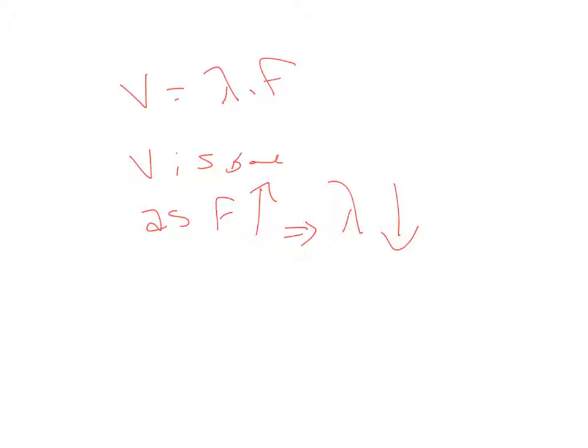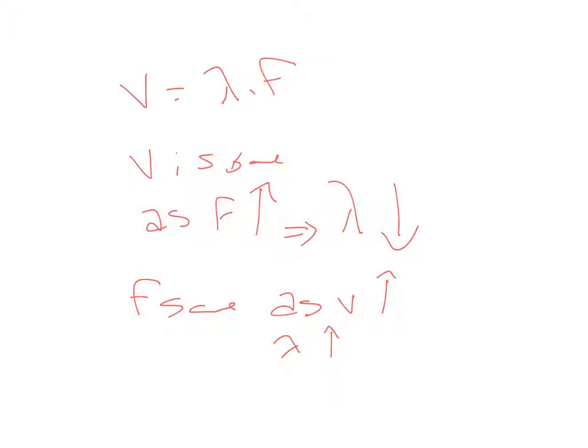Okay? And then we say if frequency is the same, as the wave speed goes up, wavelength also goes up. Okay? Can you see this? No? All right, I'm going to zoom it in.